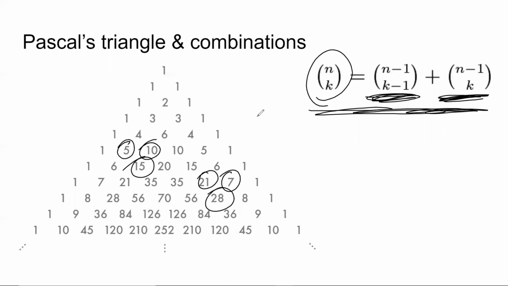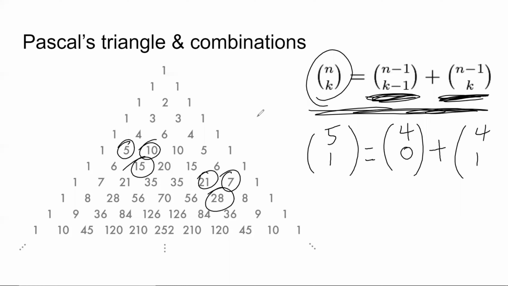So let's say we had 5 choose 1. This equation tells us that if n equals 5 and k equals 1, then this would be equal to 4 choose 0 plus 4 choose 1, right? And if we simplify this, we get 5 equals 4 choose 0 is 1, 4 choose 1 is 4.